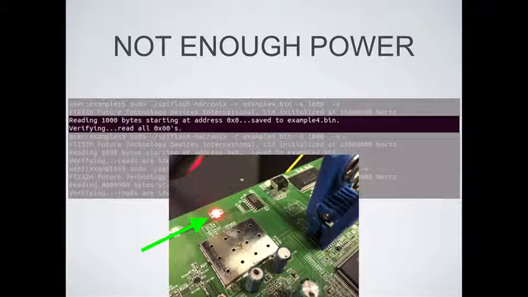And it's like, why is this LED on? Well, sometimes, depending on how the board is implemented, the power that you're supplying to the chip actually goes out and powers some of the other parts of the board. So the chip isn't getting enough power to power on. That also can cause the issue where you're reading all zeros.